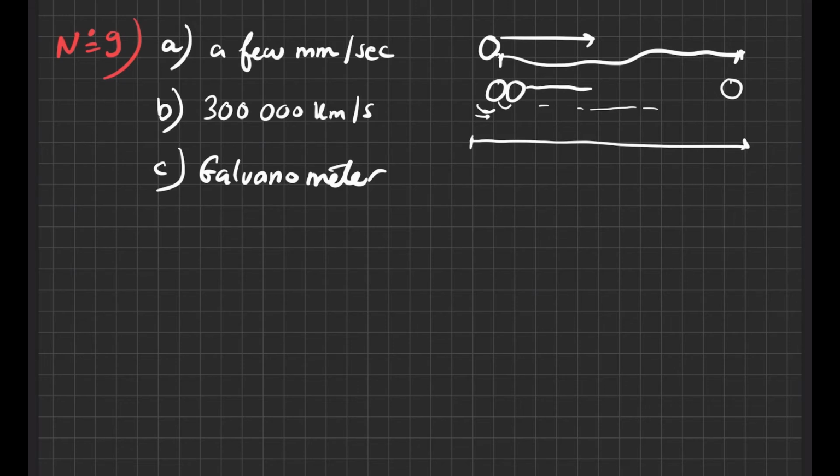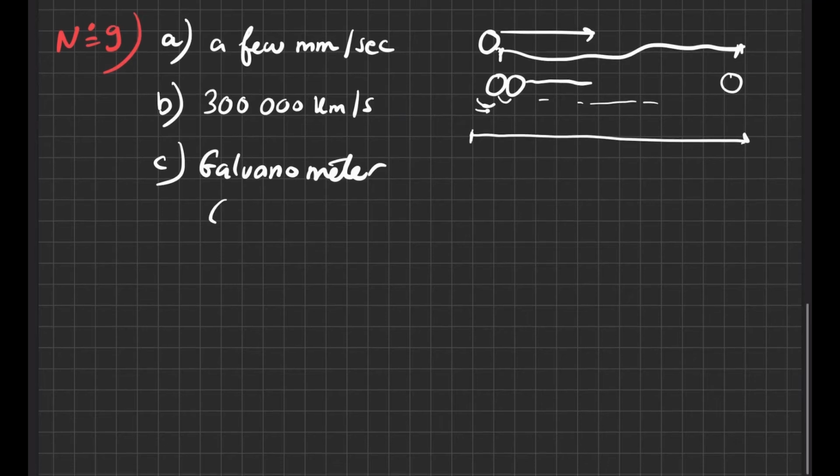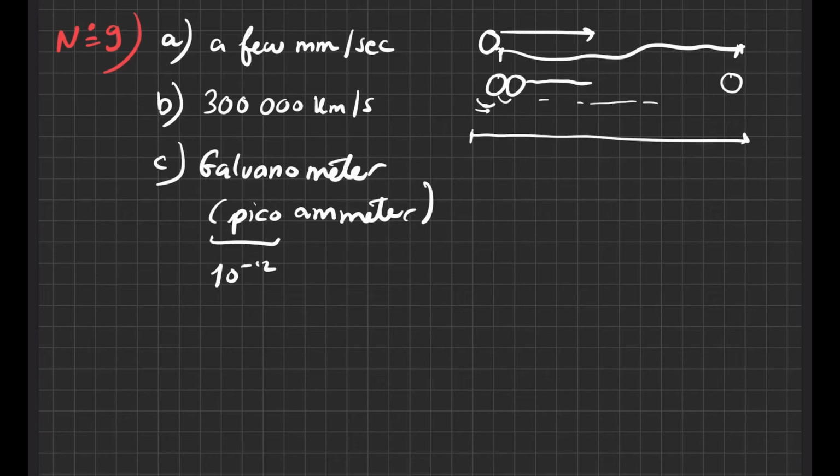Well, there are actually other types of devices that can be used to measure really low currents, such as the picoammeter, and pico is a suffix that stands for the power 10 to the power minus 12.